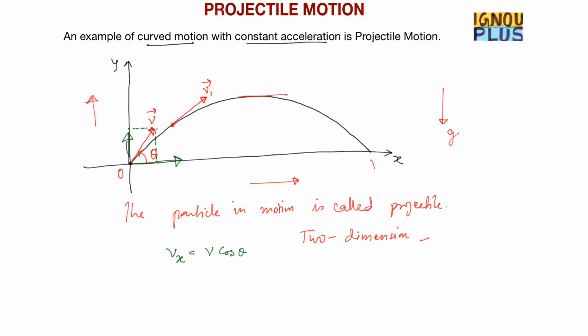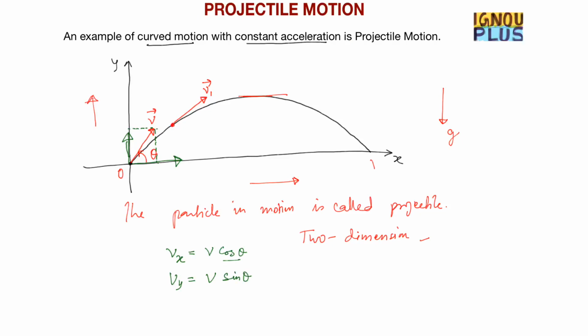Why cos theta? It is basic mathematics, but here I will just tell you, whatever we project towards the x-axis, the x component, we multiply with cos theta. And Vy, the component on the y-axis, would be v sin theta.